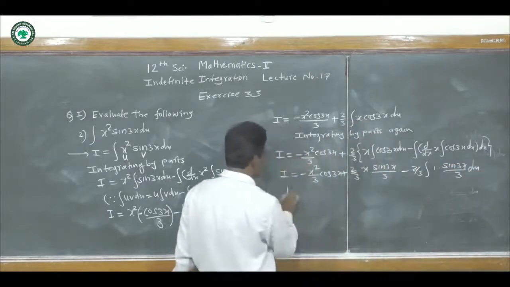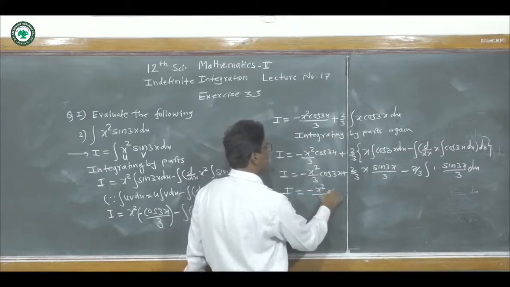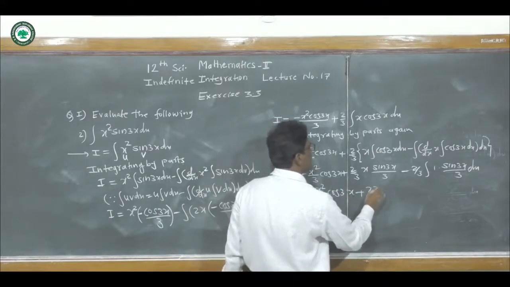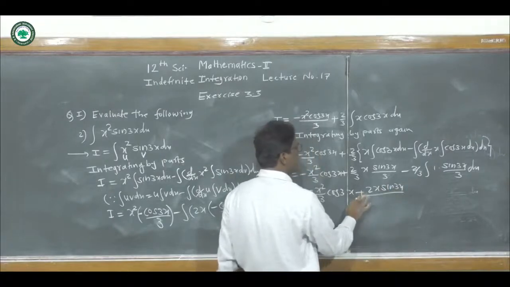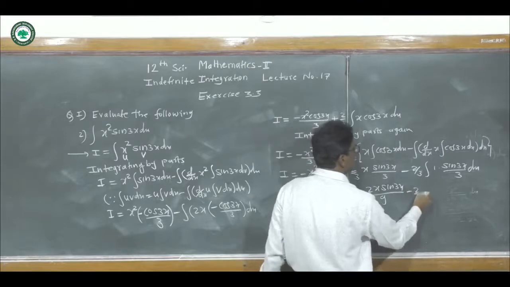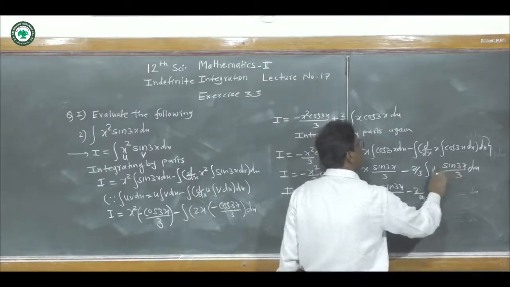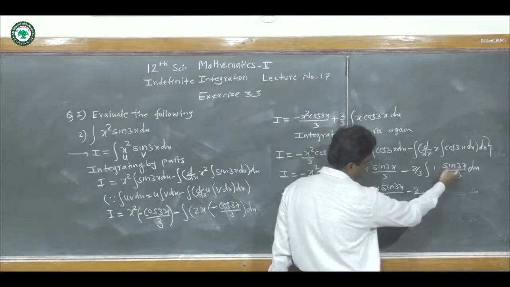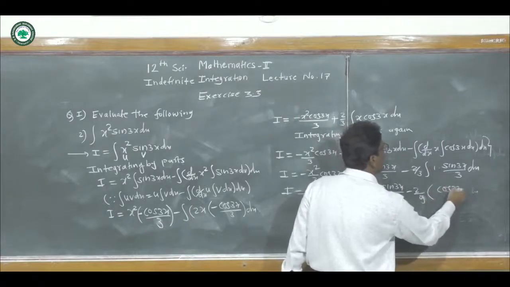And so I is equal to minus x square upon 3 cos of 3x and plus twice x sine of 3x divided by 3, 3 threes are 9, and minus 2 upon 3, 3 threes are 9, and integration of 1 into sine of 3x.